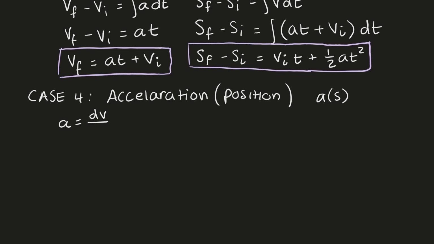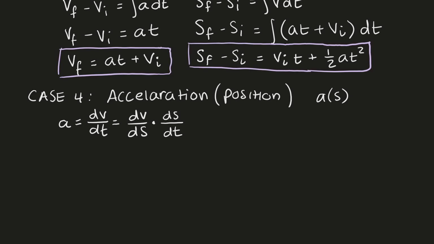Acceleration equals dv/dt. That's well and good. But we can also say that is equal to dv/ds, right? Because we're trying to make it in terms of position. So what do we need to multiply that by to make that true? Well, we need to get rid of the ds, so we could put ds up here, and we'd have to put a dt down here. So now that statement is true.